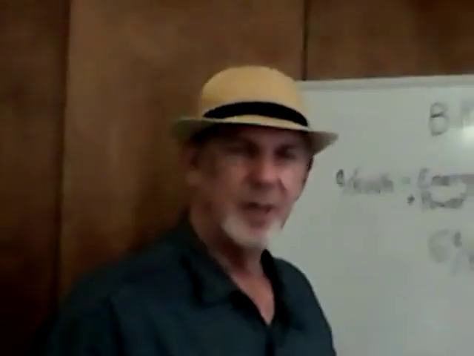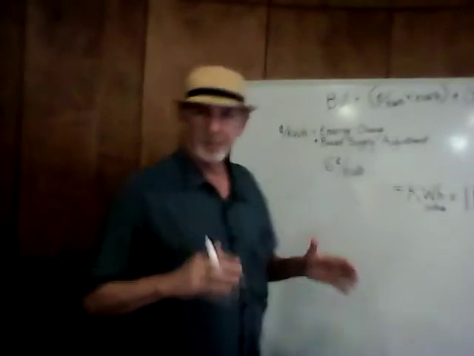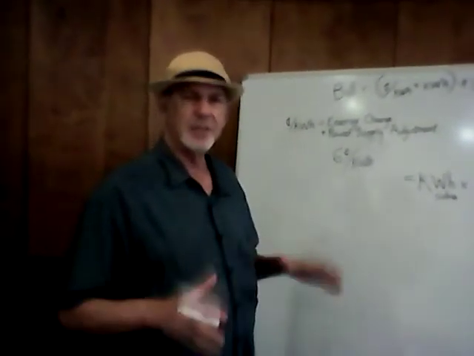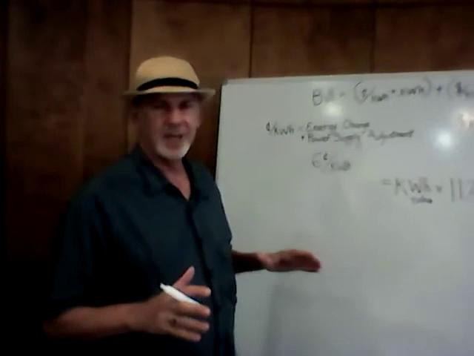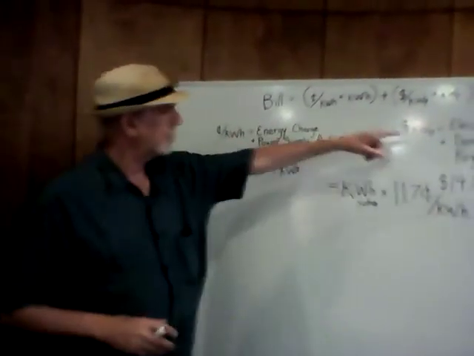The utility will calculate your bill reflecting your total kilowatt hour consumption, some of which is coming from solar, some of which is coming from the utility. They measure the total kilowatt hour consumption of the building, and they construct your electric bill.